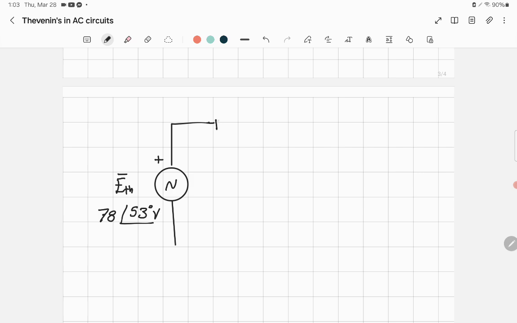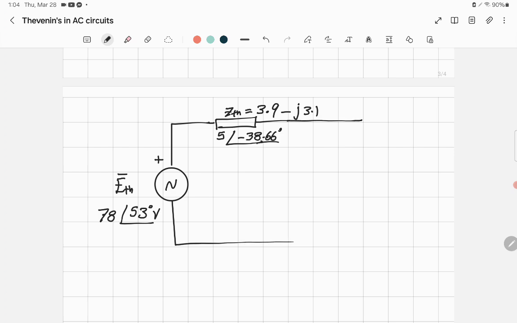Always we make impedance like a small box like that. Z Thevenin, and the value of Z Thevenin that we found is equal to 5 on angle negative 38.66. Or you can express it in complex form, and I will need it, so I will just write it this way. I like it this way: 3.9 minus J 3.1 ohm. It's the same thing. So that's equivalent.